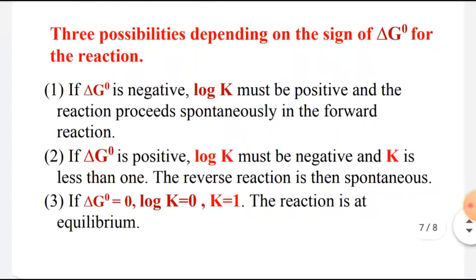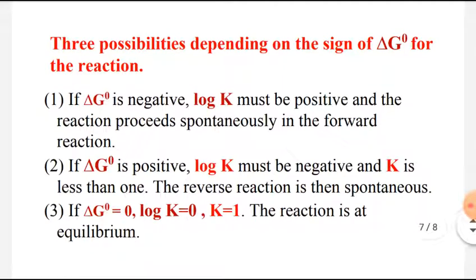There are three possibilities depending on the sign of del G0 for the reaction. If del G0 is negative, then log K must be positive and the reaction proceeds spontaneously in the forward direction.